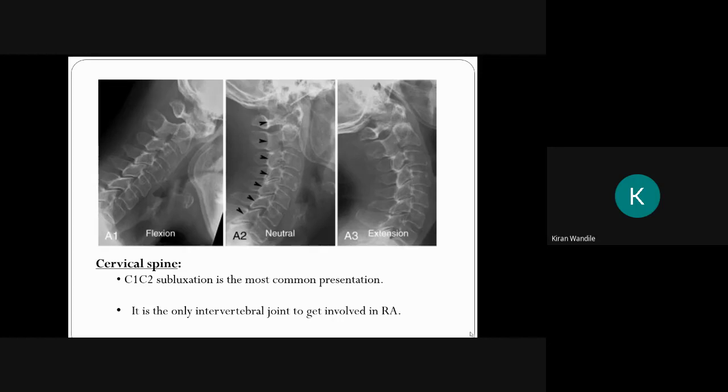You can see this very clearly on flexion extension views. The distance has increased on the flexion view, C1, C2. There is anterior translation of C1 as compared to C2.